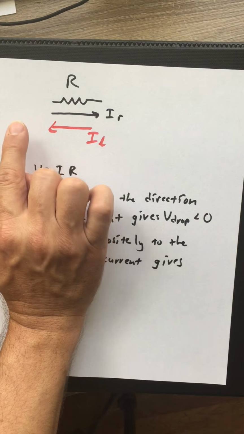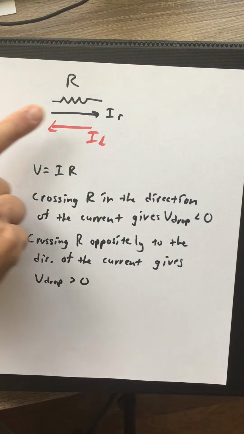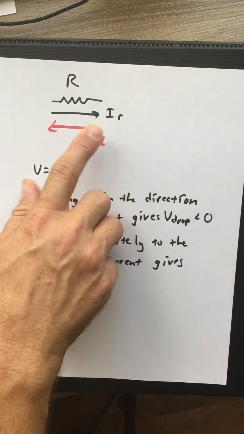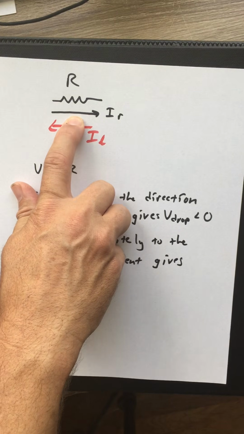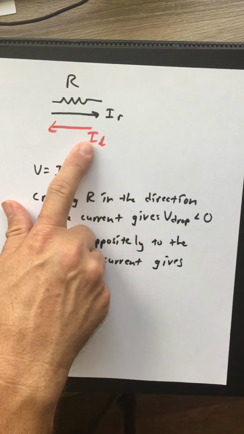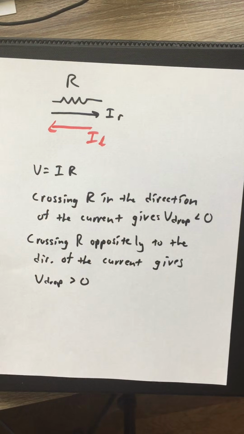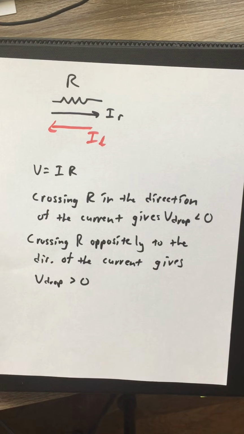But if I'm analyzing some voltage drop and I'm moving to the right, and I'm going with the current, I find that my V drop is negative. If I'm analyzing to the right, but the current's moving this way, if I'm working against the current, I'm going to find that my V drop is positive. I'm climbing uphill. So those are the sign conventions for a resistor.